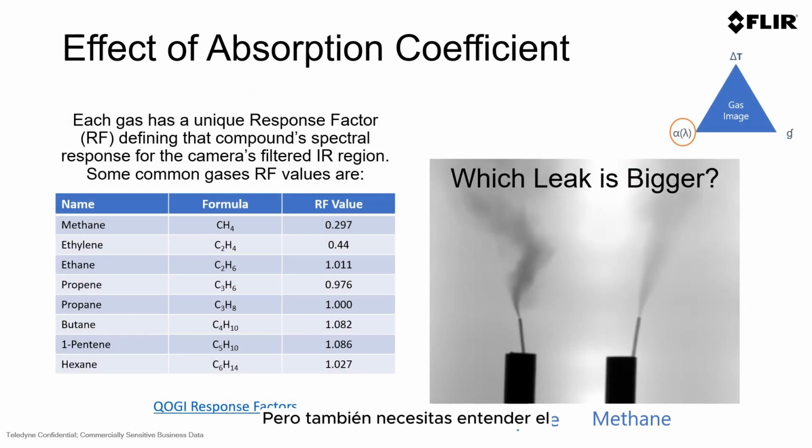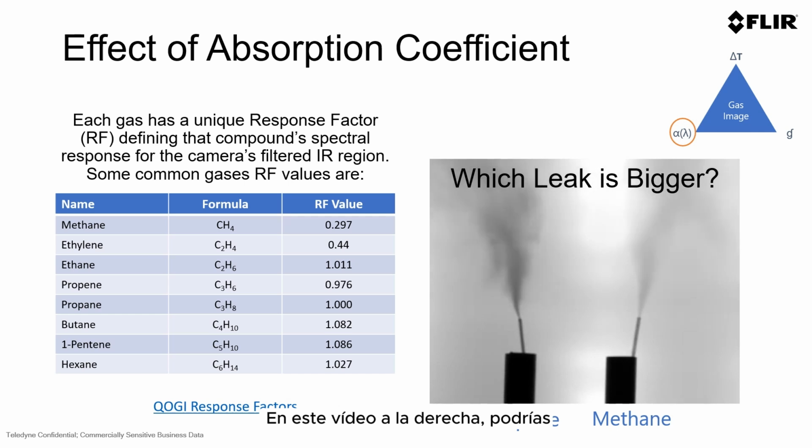But you also need to understand the absorption coefficient that some people may refer to as response value or response factor of the camera. In the 3.2 to 3.4 micron range, in using the QOGI technology from FLIR, different gases have different RF or response factor values.